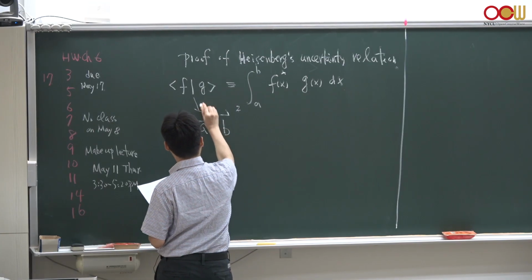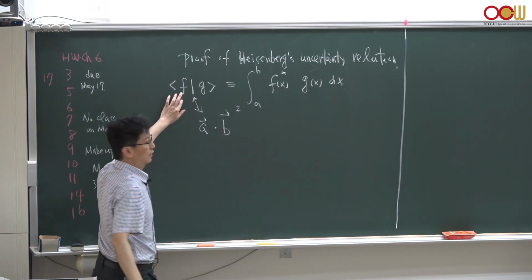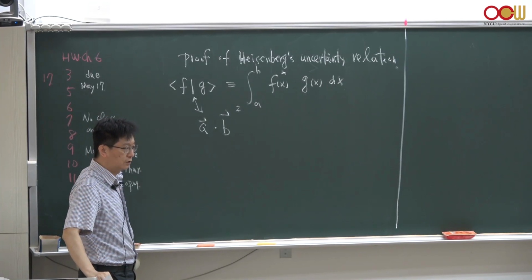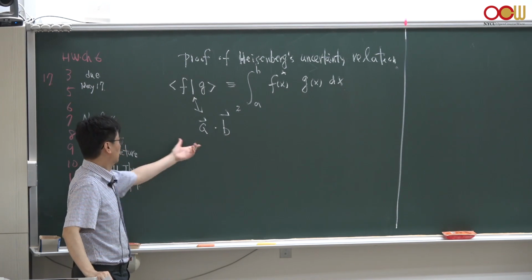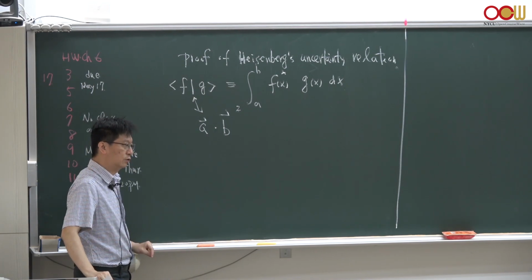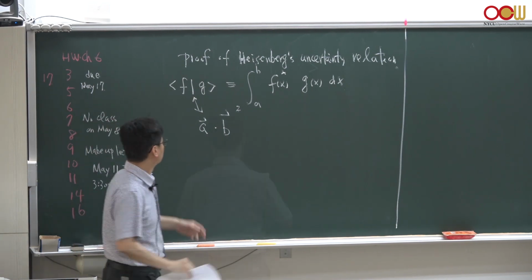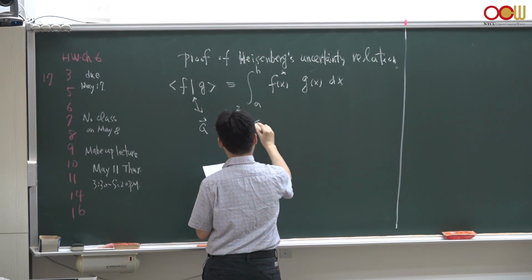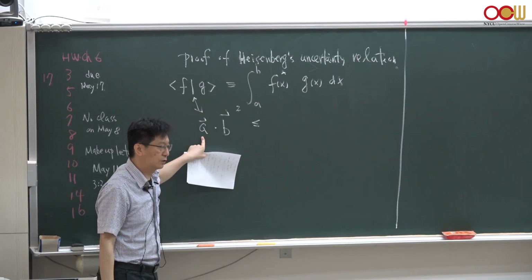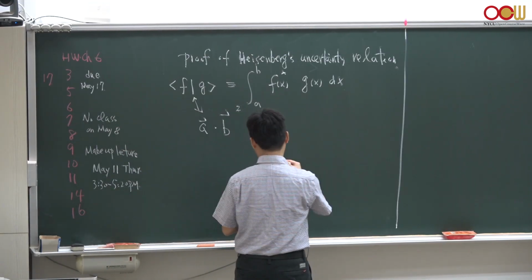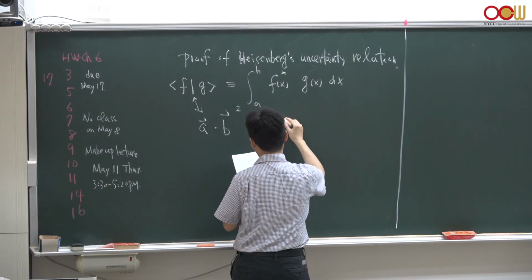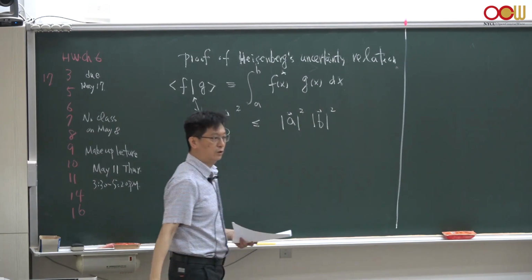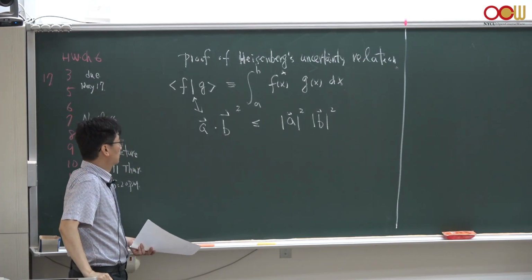As I mentioned, this kind of projection between bra and ket states could be understood analogously as the inner product between two vectors A and B. In vector analysis, we know that the dot product between A and B is always smaller than or equal to the product of the magnitudes of the A and B vectors.